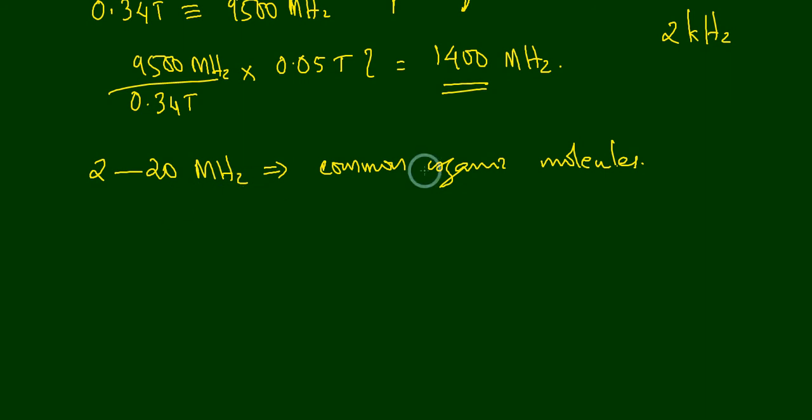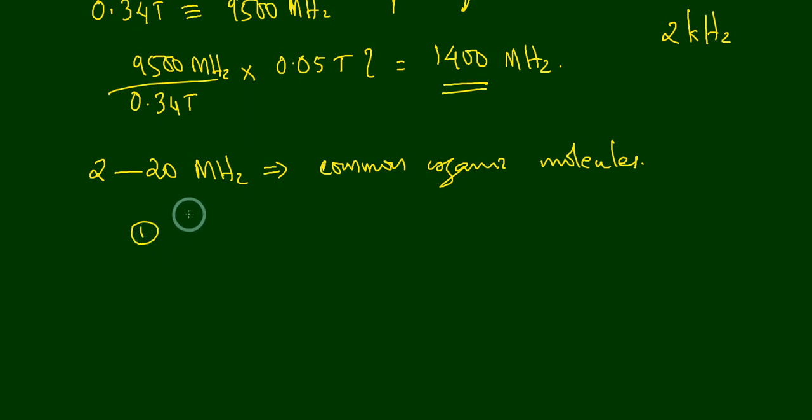What will be the reason? Why are the common organic molecules giving much smaller coupling constants? There are some reasons for that. The first reason is that the unpaired electron can move over several atoms.